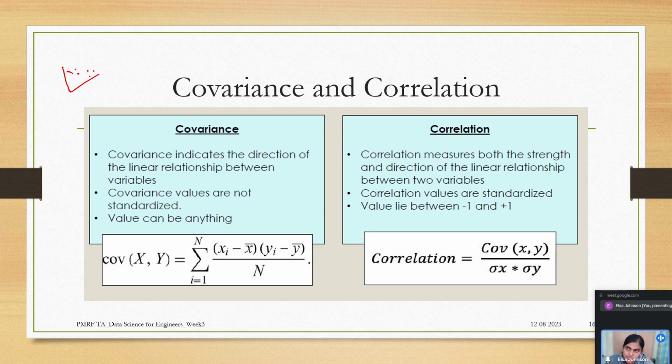For example, as long as this value is increasing, if this is the positive axis and the other axis is like this, the other value keeps on decreasing. If you calculate the covariance for this particular plot, it will come out negative. This is usually used to find the direction of a linear relationship.